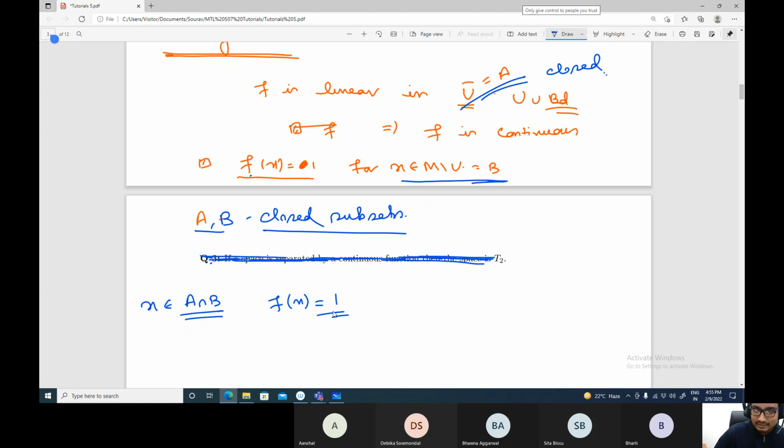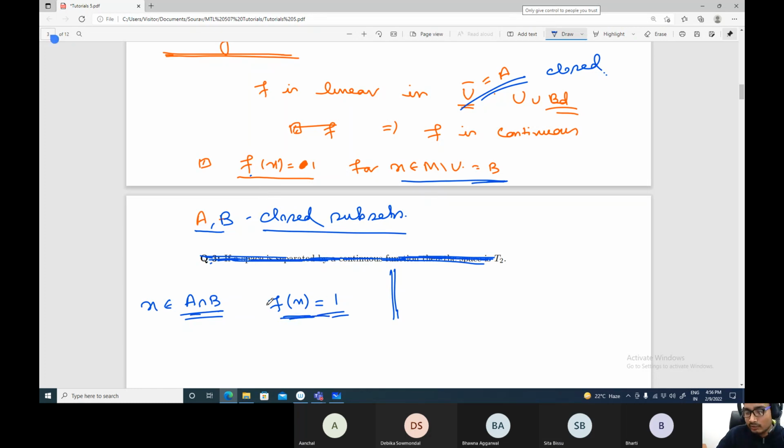So can we apply the Pasting lemma now? Yes. What will be your G? You have some G, you have some H, and in the intersection they have the same values.